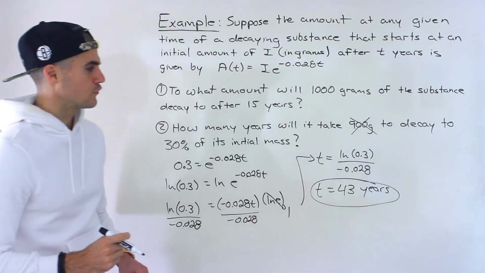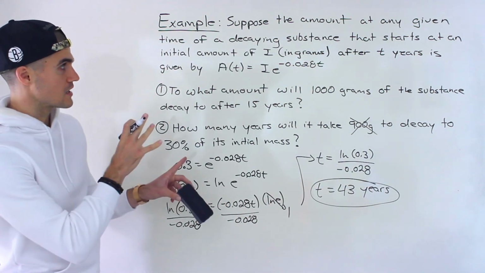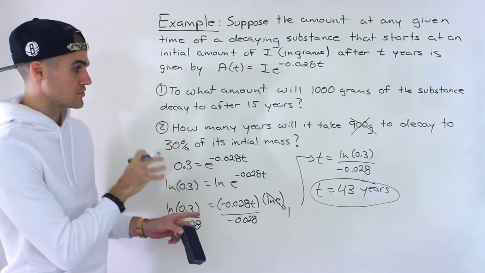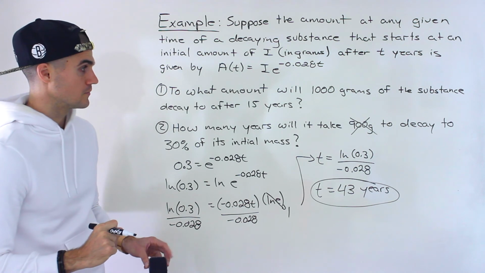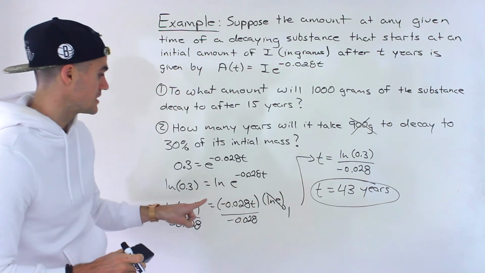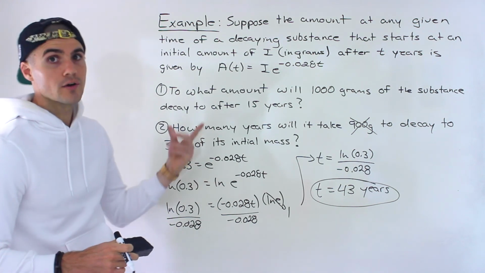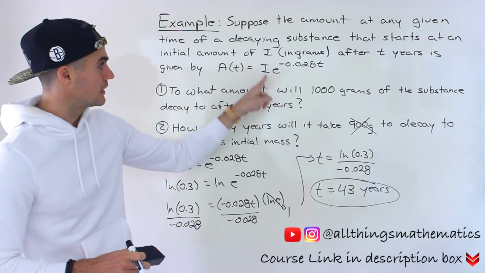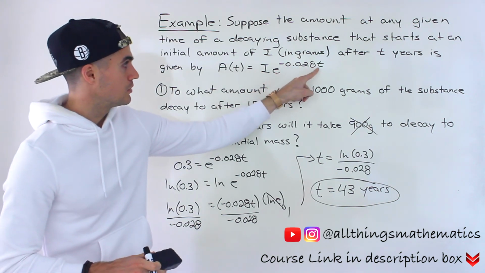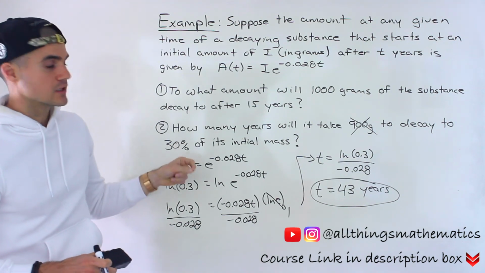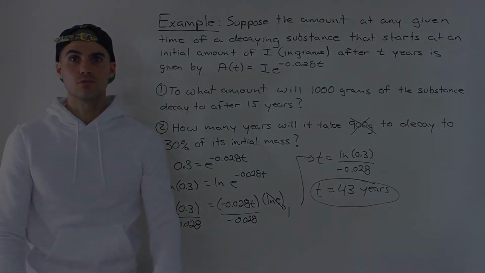Right, so it would take 43 years for this substance, if it starts at an initial value, to decay to 30% of that initial value. Or more specifically in this question, for 900 grams to decay to 270 grams, 30% of that. And then you could check this. So you could plug in 900 here, then you could plug in 43 over here, and then you'll notice that that final amount you're going to get is going to be something very close to 270.